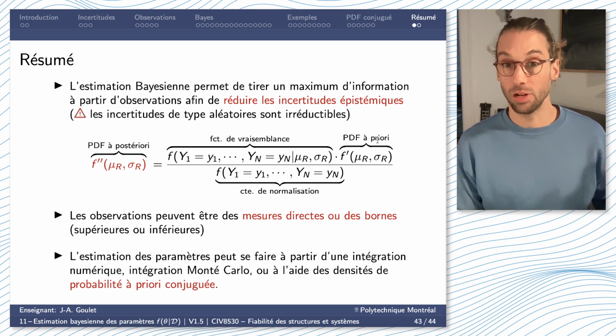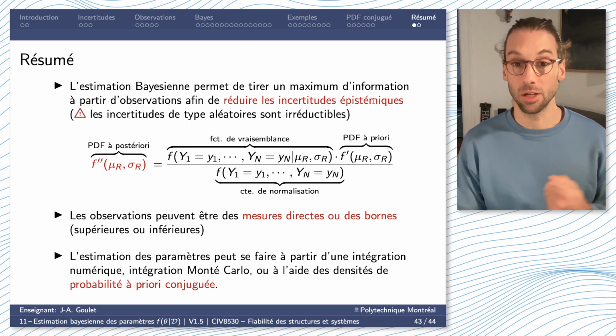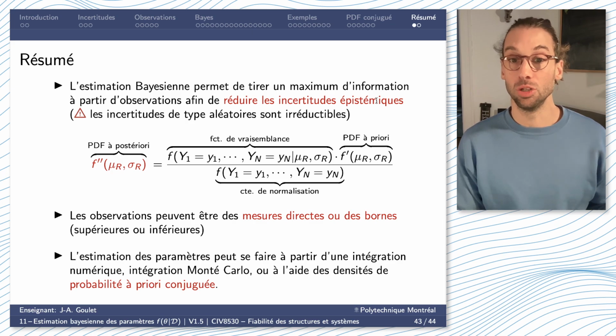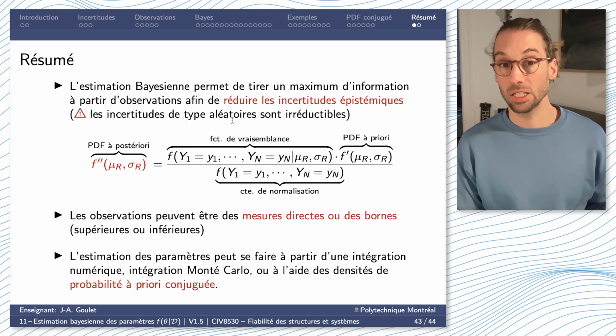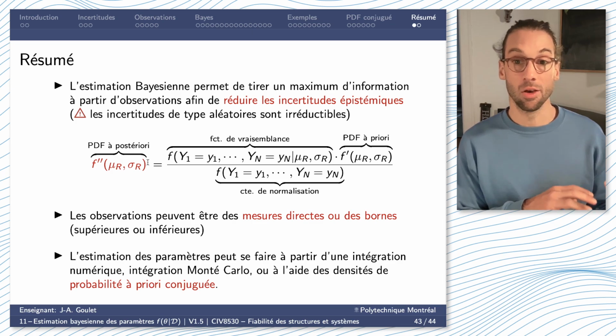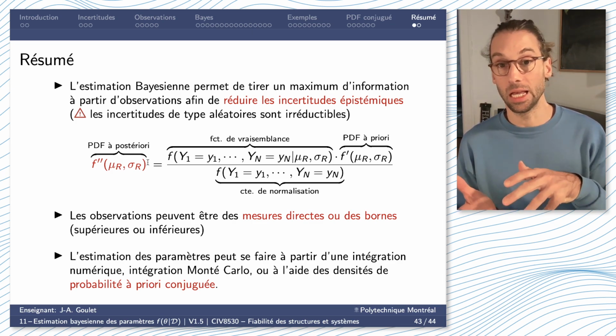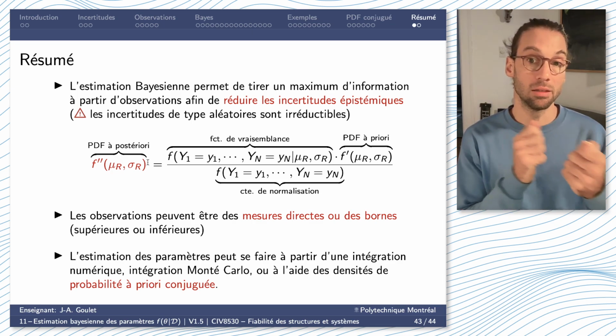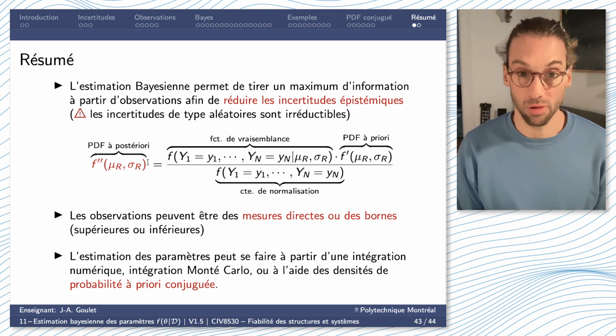In the case of reliability analysis, the uncertainties we're trying to characterize are those associated with epistemic uncertainty, meaning those that are reducible. What we're trying to characterize with those epistemic uncertainties is the posterior probability density for the parameters involved either in the resistance or the solicitation. Meaning I want to characterize the posterior for the parameters such as the mean and standard deviation of each of my random variables.